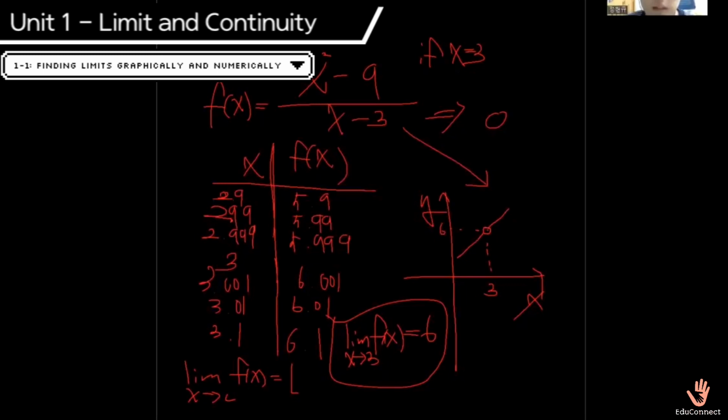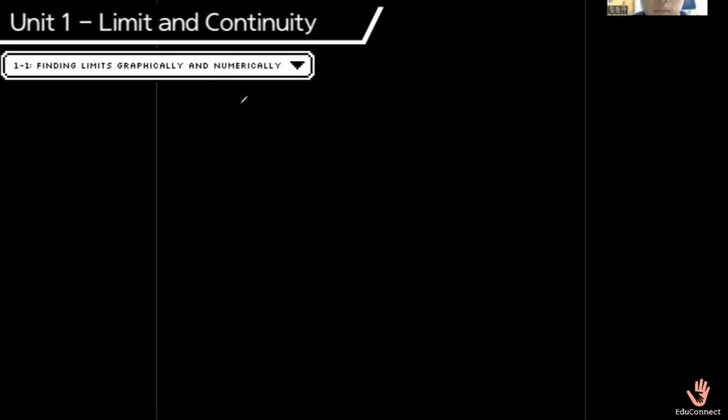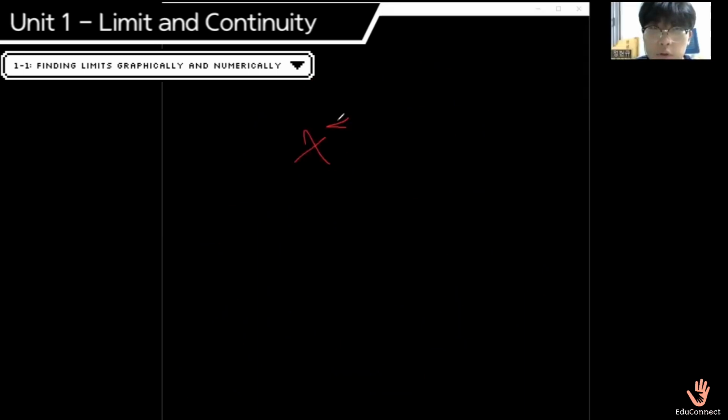So the general form is the limit as x approaches c of f of x is equal to some number L. In this problem, we want to find the limit of the function x to the fourth power minus 16 over x minus 2 as x approaches 2.